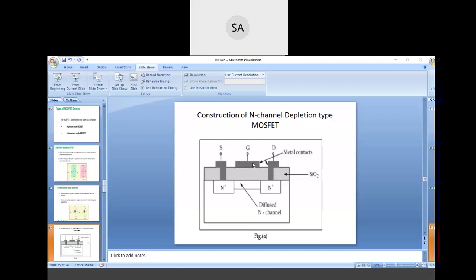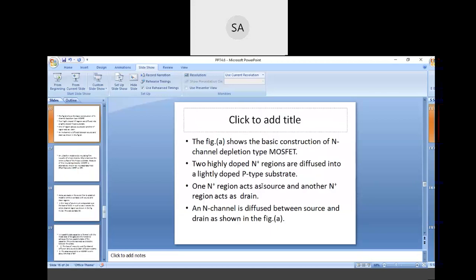This gate material and the diffused channel act as a parallel plate capacitor, and the SiO2 layer acts as a dielectric between the gate and channel. One N-type region acts as the source and another N-type region acts as the drain.